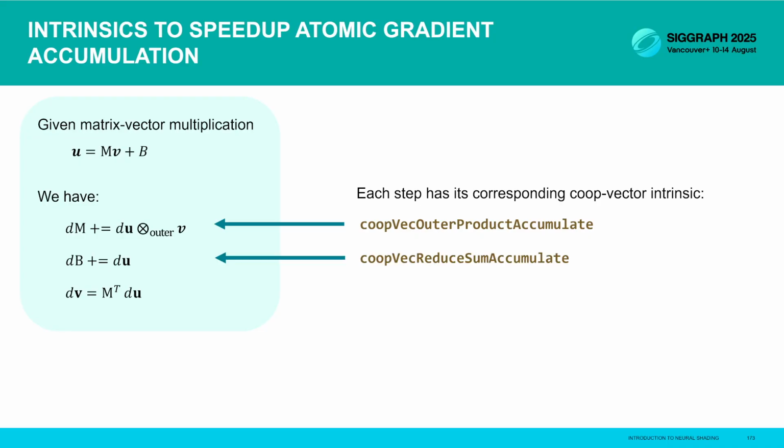For biases, there is the CoopVec reduce sum accumulate function, which atomically accumulates dU to dB. And finally, to compute dV, we use the CoopVec matMul function to do the transposed matrix vector multiplication.